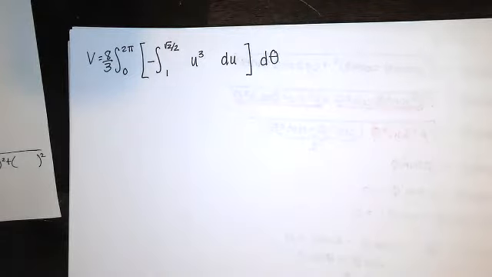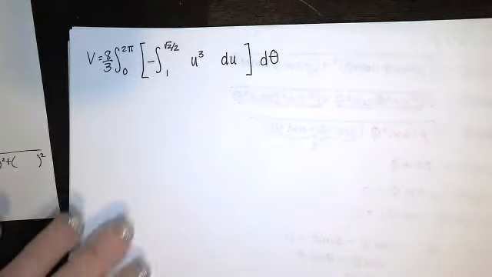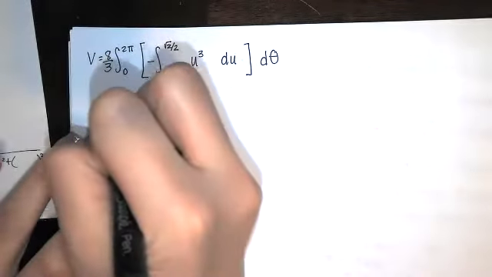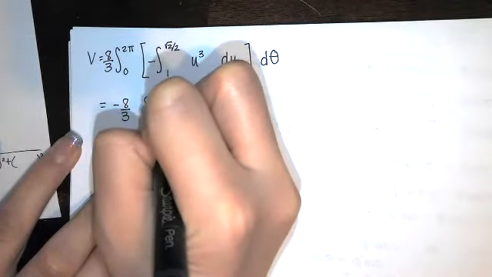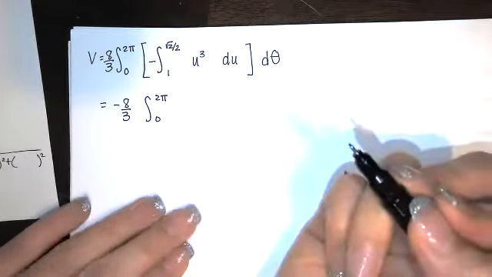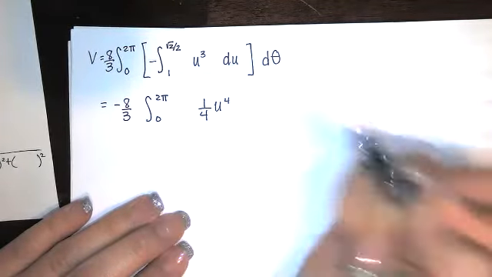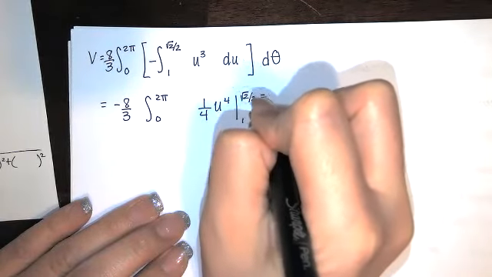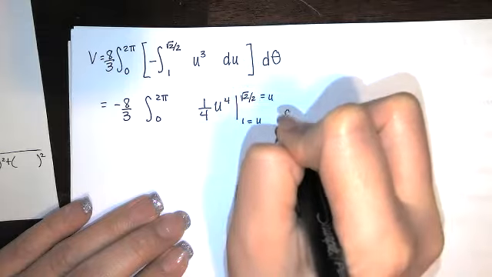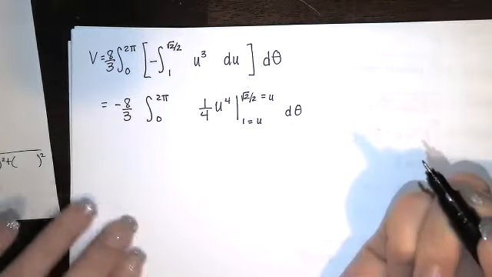First, we're integrating with respect to u, and then we'll integrate with respect to theta. So you can factor out that negative if you want to. You don't have to, but you can. Then you anti-differentiate this by adding 1 to the exponent and then dividing by the new exponent. And then you substitute in the upper limit for u and the lower limit for u, and you subtract.